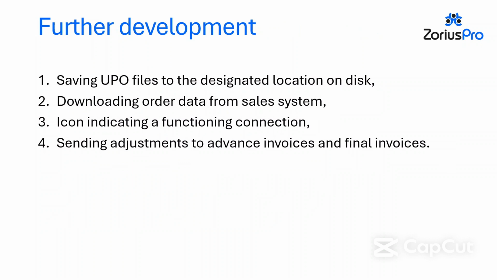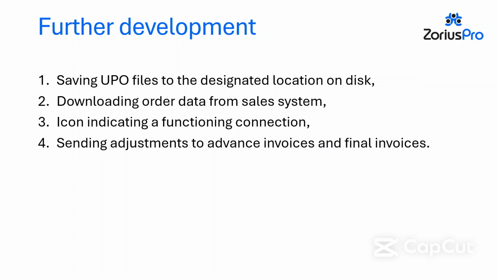We are currently working on saving UPO files not only on the database, but also about the possible saving of documents in the place on the disk indicated in the configuration file, where visualizations in PDF or XML form will be saved.